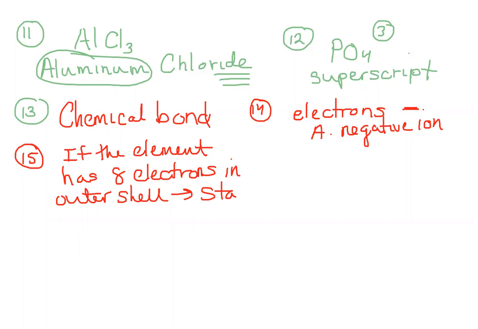But if it doesn't have 8 electrons, then it wants to join with another element, either sharing electrons or transferring electrons, so that it can become more stable. If this is true, then it's stable on its own, and if this isn't true, then it needs to be in a compound to be more stable.